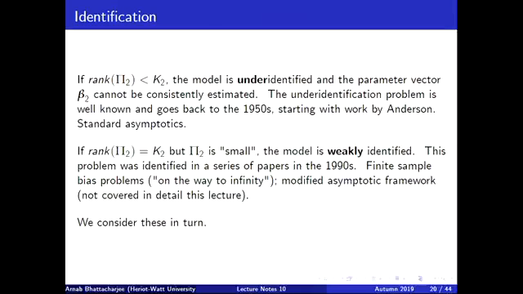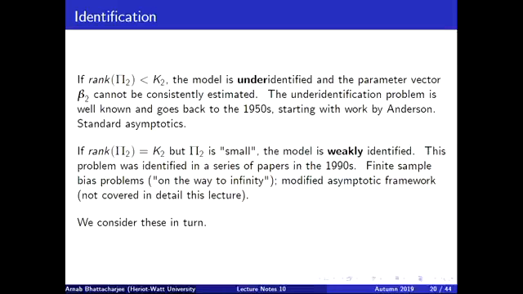Okay. What is the problem? The problem is going to arise if rank pi2 is less than k2. Then the model is under-identified. So you may have sufficiently many instruments there, but these instruments do not have adequate information to identify all the structural parameters.